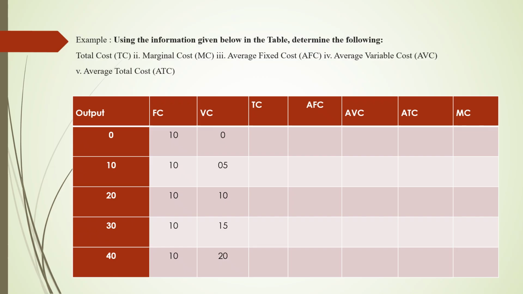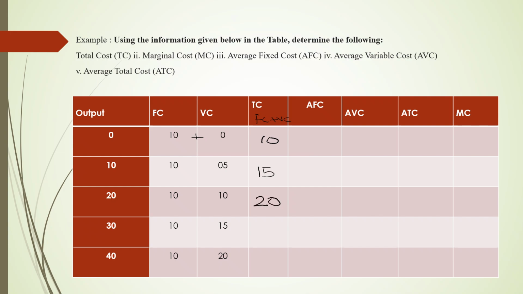So the first thing we will do, what is my total cost? Total cost is nothing but fixed cost plus variable cost. So we will add it. My fixed cost plus variable cost. So 10 plus 0 is 10. 10 plus 5 is 15. 10 plus 10 is 20.